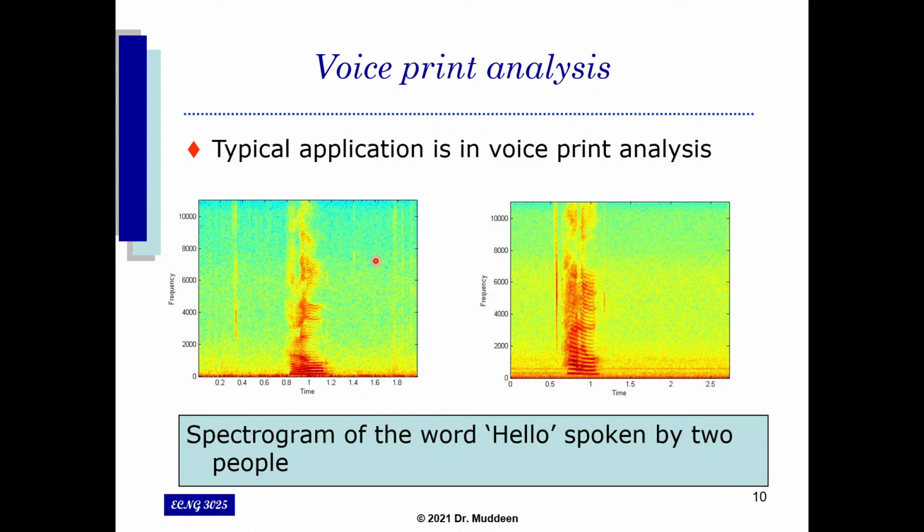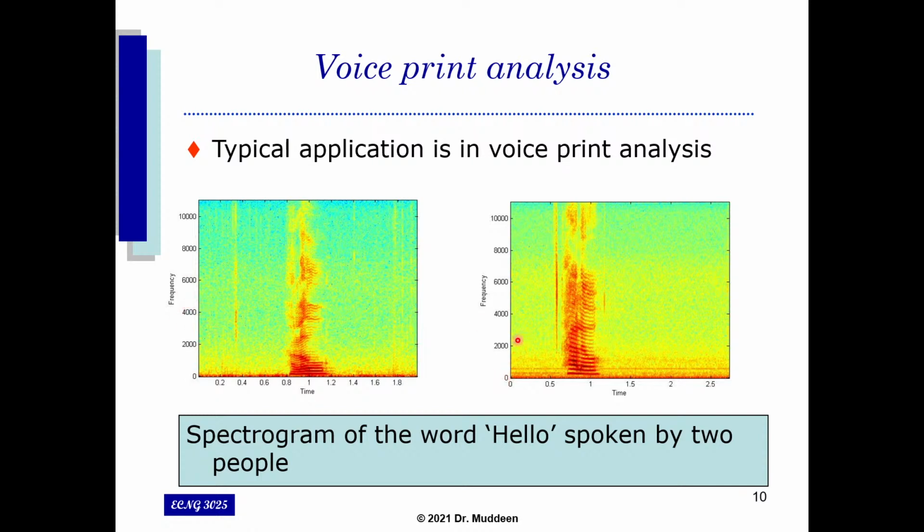Now, spectrograms are widely used for audio signals in particular because they help us quickly identify different characteristics of the signal immediately. So, for instance, if we watch the frequency axis here for these two spectrogram plots, you can see here that most of the frequency content is centralized from about 0 to 4000 Hz.